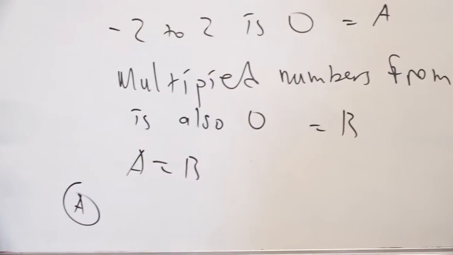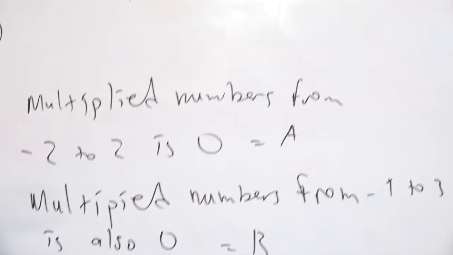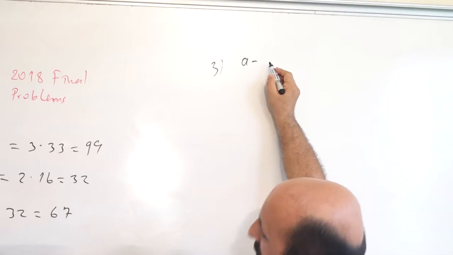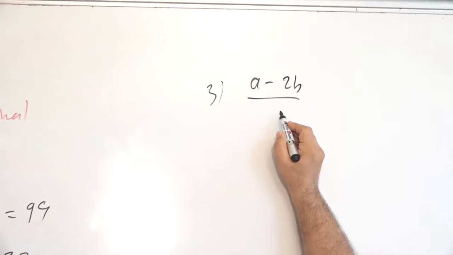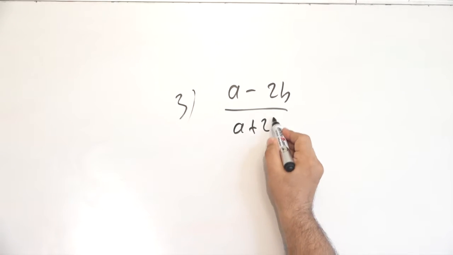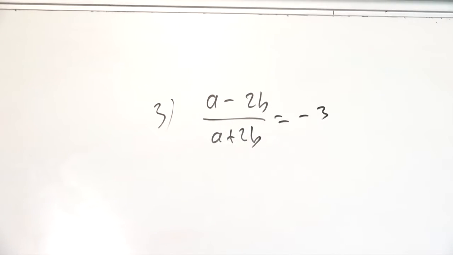Question number 3. In question 3, it says that A minus 2B over A plus 2B is equal to negative 3.